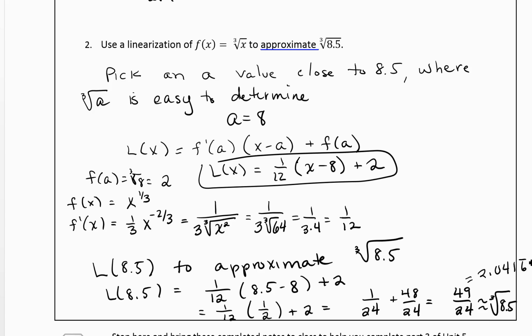And if you do the cube root of 8.5 on your calculator, it is 2.0408. So you see, at least up to 2 decimal places, we get the same thing here using this approximation method.